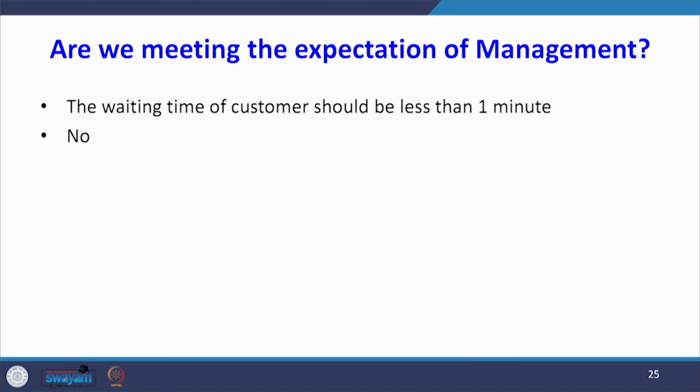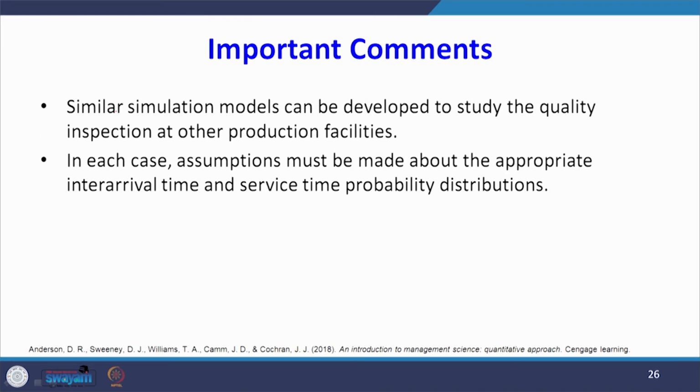So, we are not able to meet the requirement of the management. Then we have to repeat this experiment with 2 ATMs instead of 1 ATM, and see again what the average waiting time will be. That we will discuss in the next class.